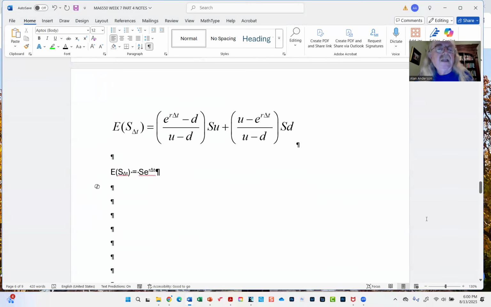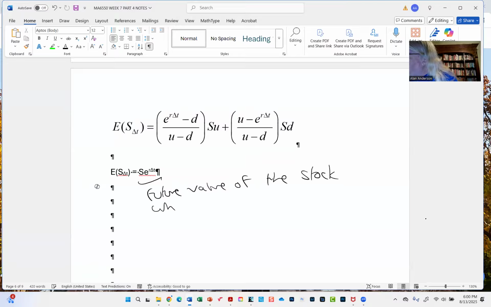The result here is that this is the future value of the stock when invested at the risk-free rate. If you sold the stock and collected S dollars now in one time period, and you use it to buy treasury bonds, this is what it would be worth one period in the future.